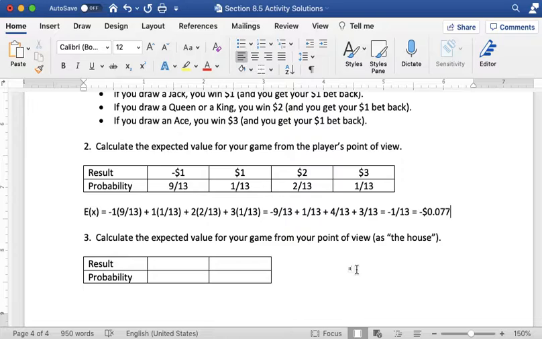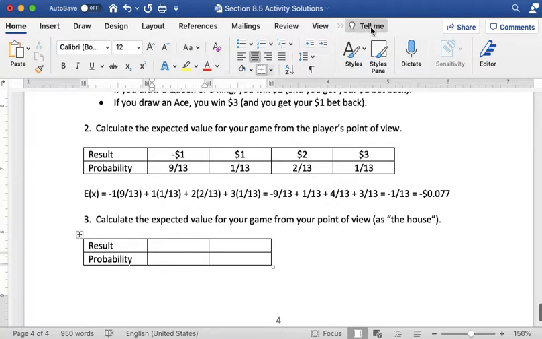But it's always going to be a slight negative expected value for the player, and that is how casinos and other such things make money, because they have a small positive expected value, and if the game is played many times, that 7.7 cents is going to add up to enough money for the casino to stay in business.